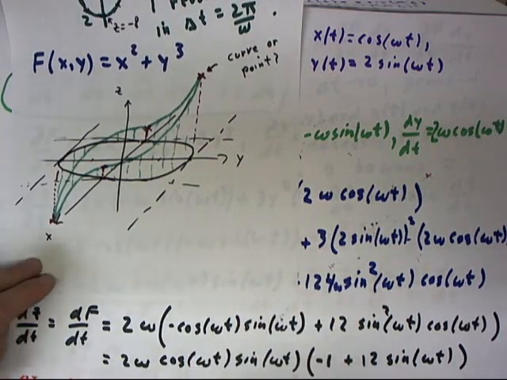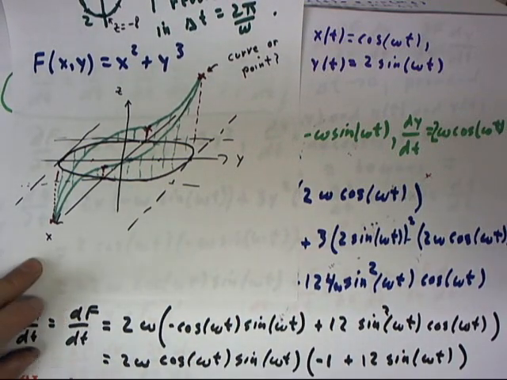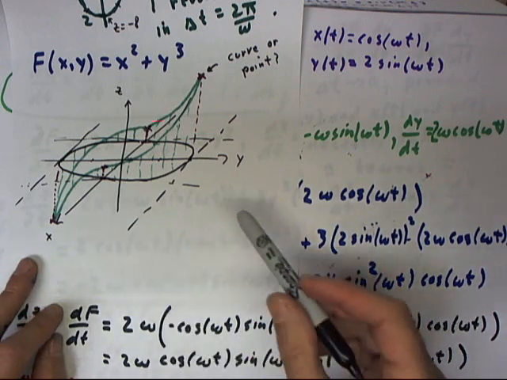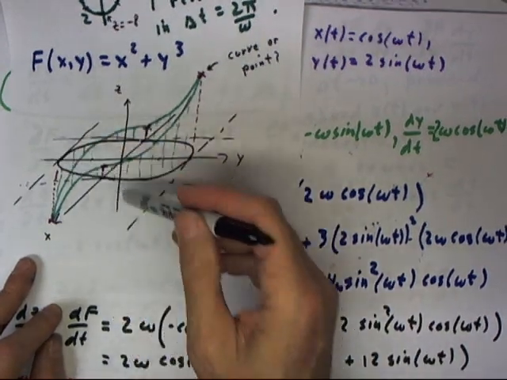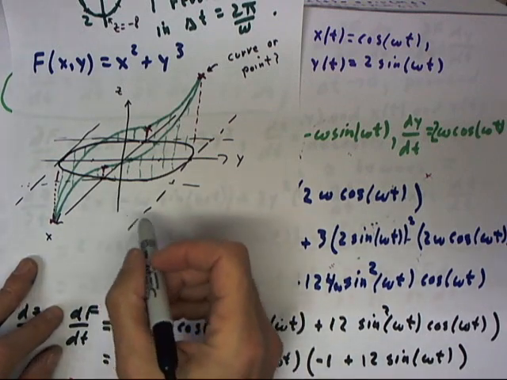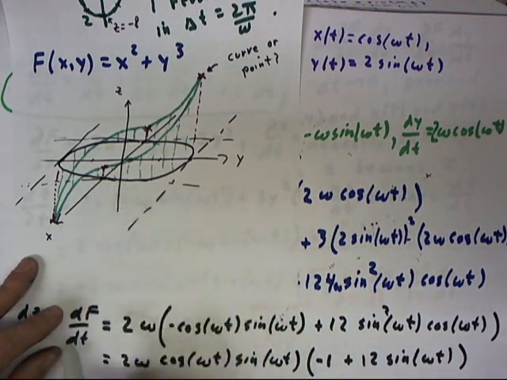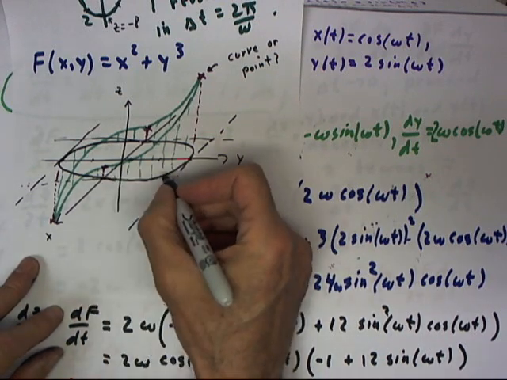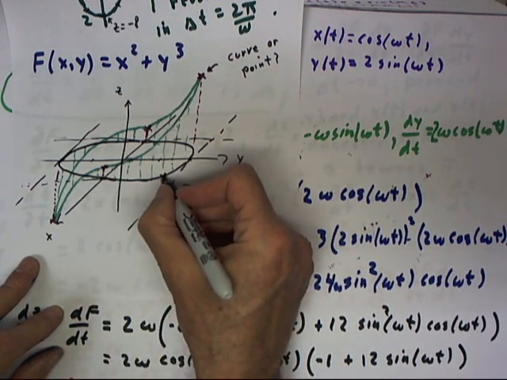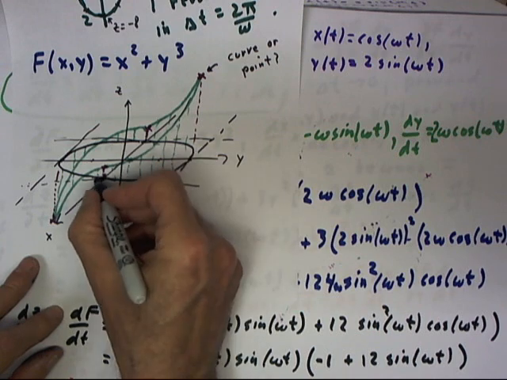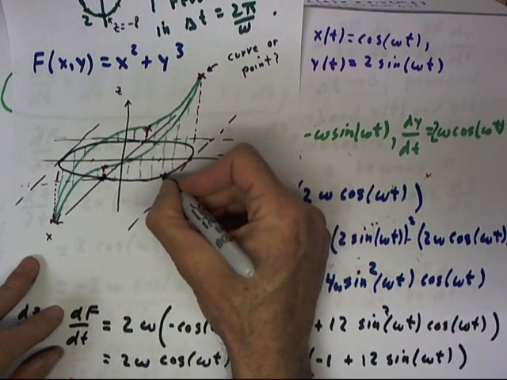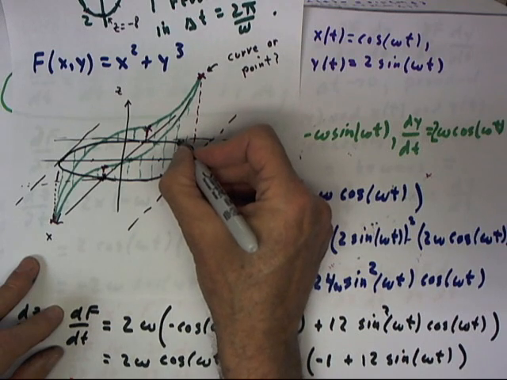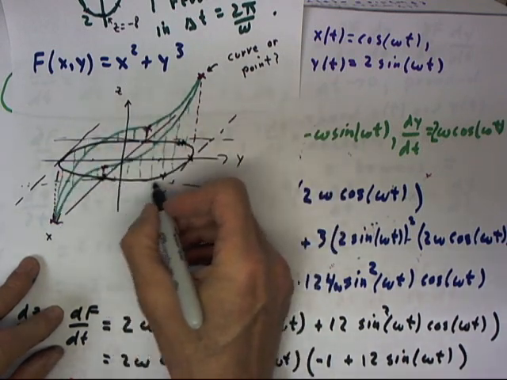Okay, let's see what our derivative of f with respect to t tells us. What is the derivative of f with respect to t, and why did I even talk about the time going around this ellipse? Well, actually, let's go ahead and mark off the equal time intervals. So we're taking equal time to get from here to here, and then the same time to get from here to here, and then here back to here, and so forth.